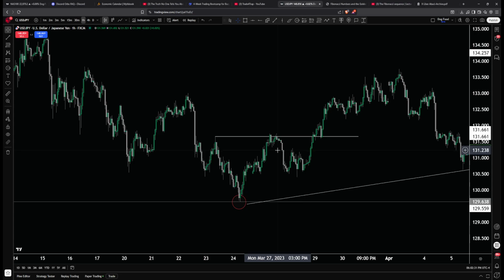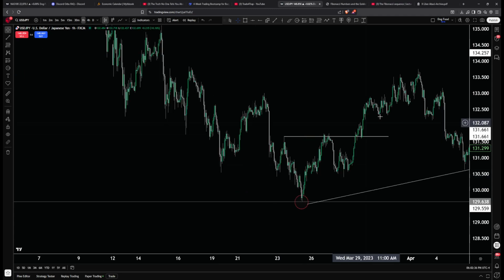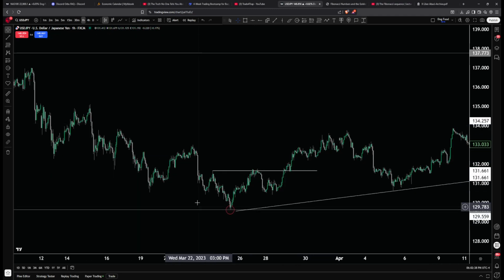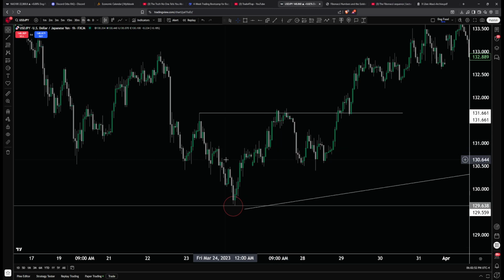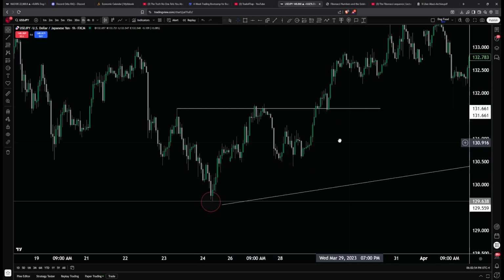So let's say you were considering looking for buys because you felt like this market started to turn around, and there were other indications that it started to turn around, like breaking these highs here, retesting and going up. But let's just say you seen the price start here and it went up and it started coming back down.